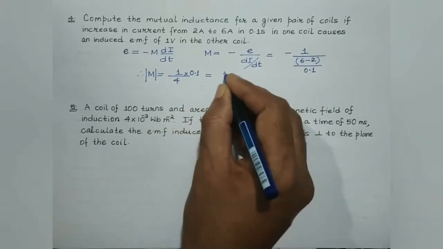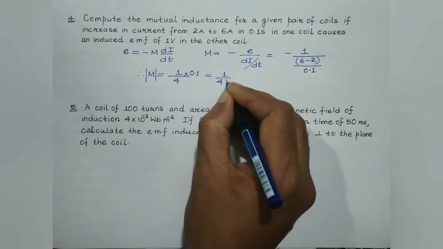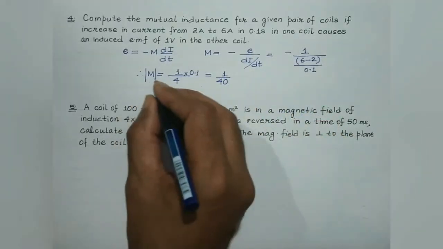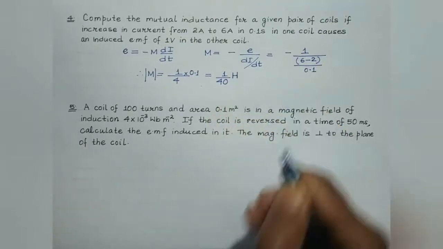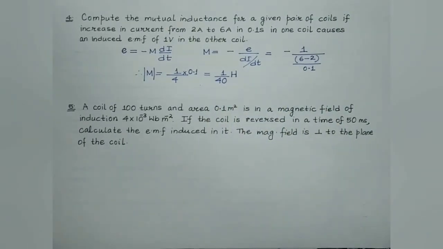So we'll get 1 by 40. And obviously the SI unit of mutual induction between the 2 coils is Henry. So this is the answer. So in this case, the mutual inductance between the pair of coils is 1 by 40 Henry, right? Okay, let's proceed to question number 5 then.